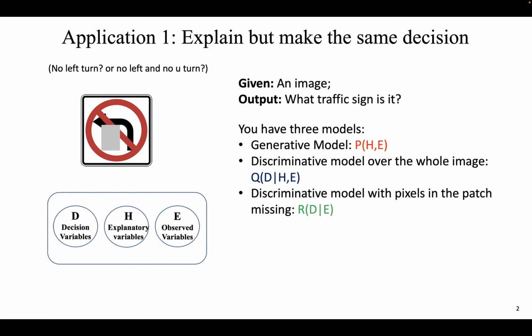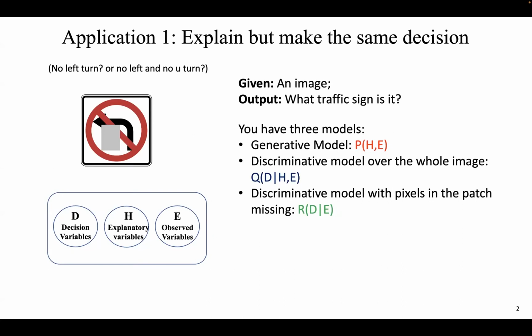The 3 models are as follows. First, a discriminative model, which we call R, which is good at classifying given the patch. So this model is good at classifying images that have patches in them. Then we have another discriminative model which takes the whole image as input, which I'm going to call Q, and is good at classifying complete images.